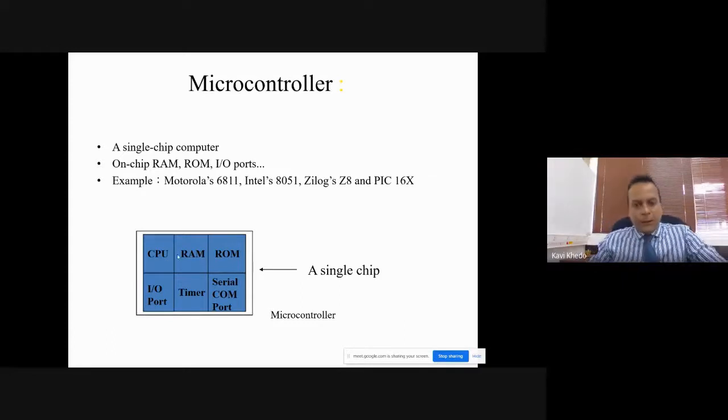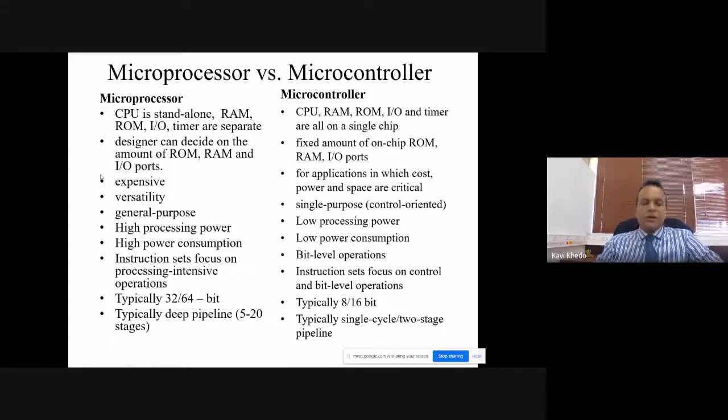So, let's continue. Here you see the big picture, the difference between a microprocessor and a microcontroller. On the left-hand side, the CPU is standalone. You can add RAM, ROM, I/O ports, timer, all separate. Here, the designer can decide on the amount of RAM, ROM, and I/O ports.